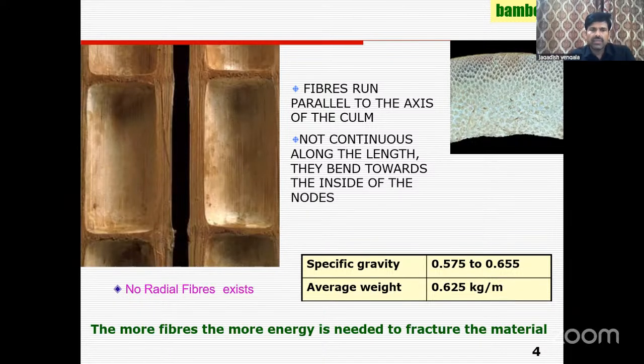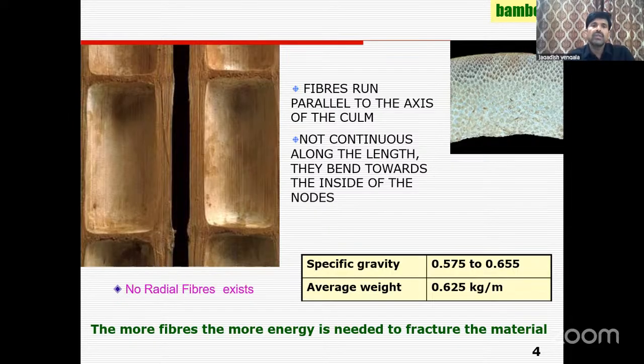We have a number of species with different densities, and these densities are based on the number of fibers present in that particular species. More density means more fibers. So based on applications, we choose different bamboo depending upon the density.